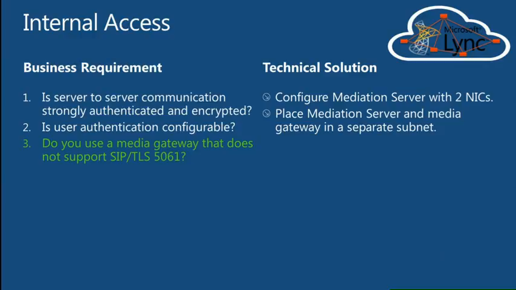Well, hopefully you don't have a gateway that doesn't support TLS. But in case you do, what you want to do as a simple solution is configure your mediation server with two network cards, and place the mediation server and the media gateway in a separate subnet, so that way no one can sniff the traffic between the gateway and the mediation server and listen to every communication that goes out to the PSTN.